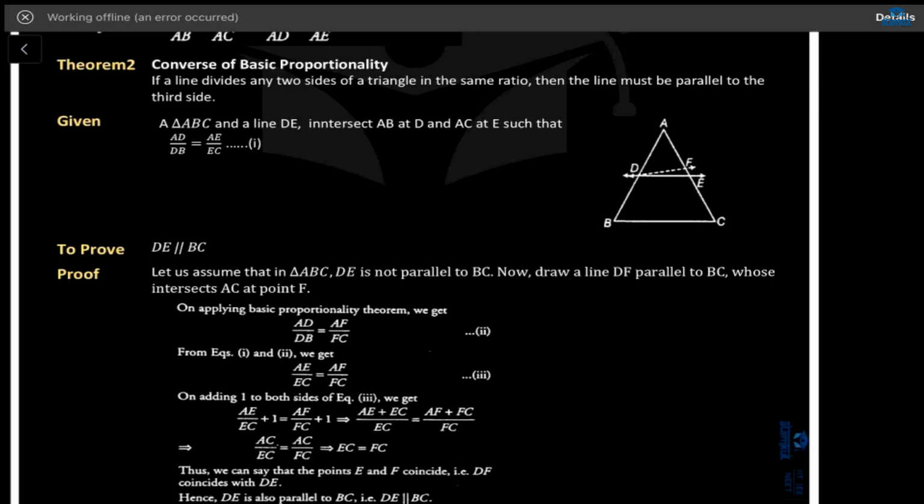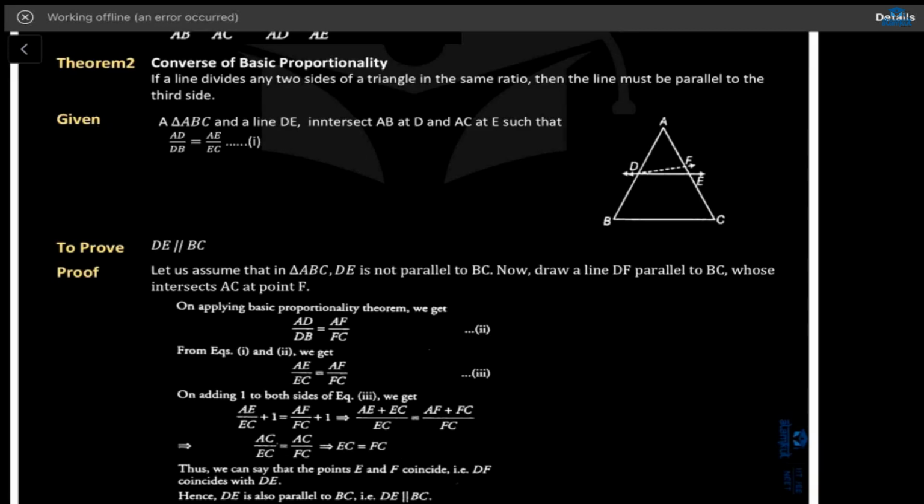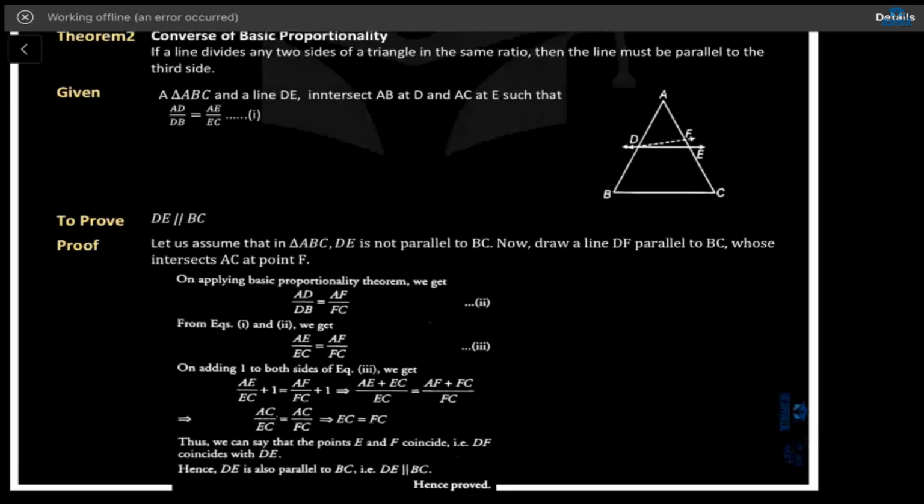So how can you do that? It is asking us to prove that DE is parallel to BC. So let's assume that DE is not parallel to BC. That means let's draw a line DF that is parallel to BC.